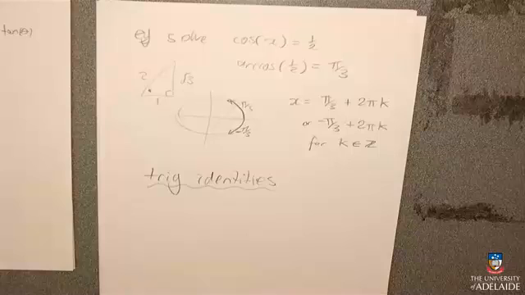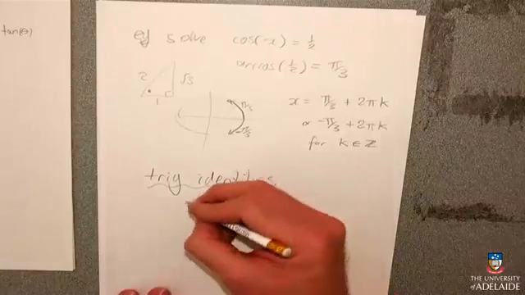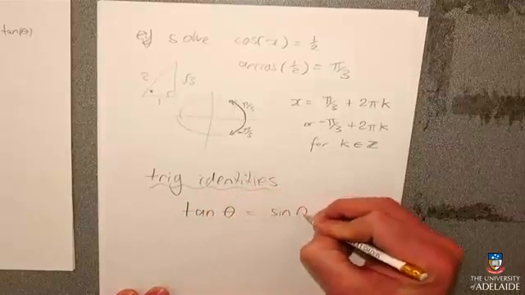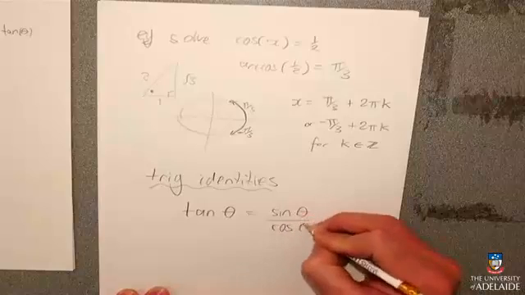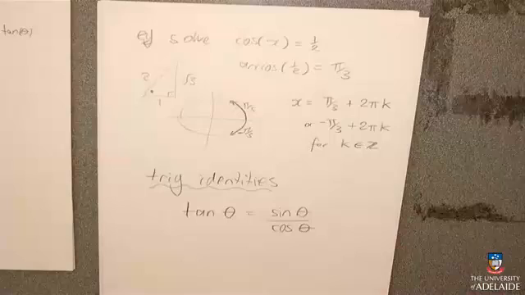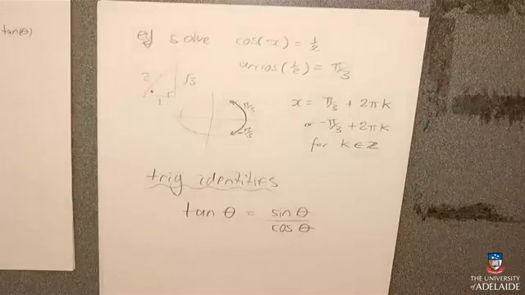And the first and most fundamental equation, which I probably should have written way earlier, is this. That's the most fundamental one, is that you can figure out tan theta by going sine theta divided by cos theta.